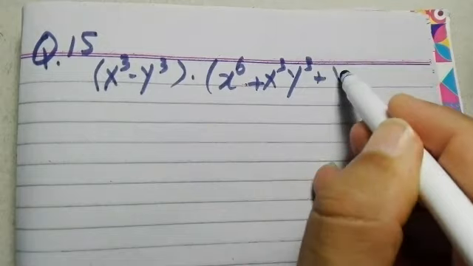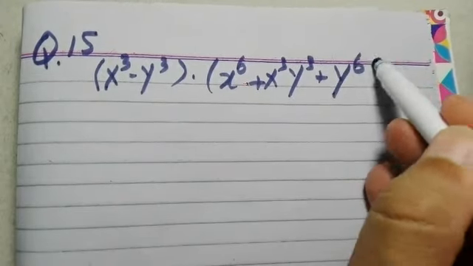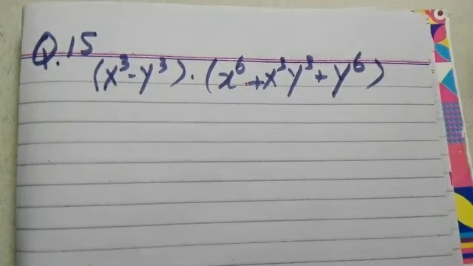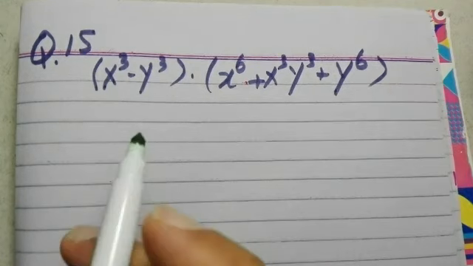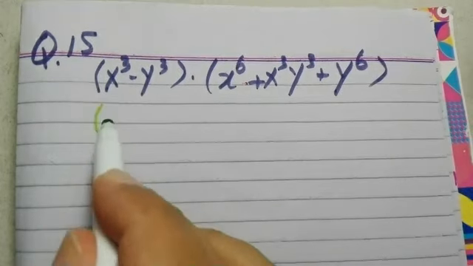So according to the statement of the question, what is required? That we will only arrange the terms according to this formula.